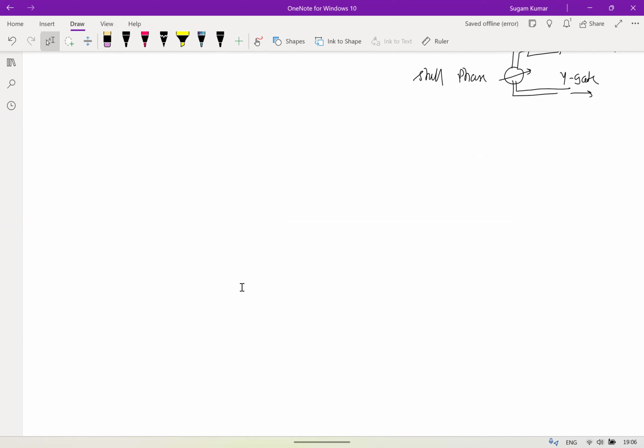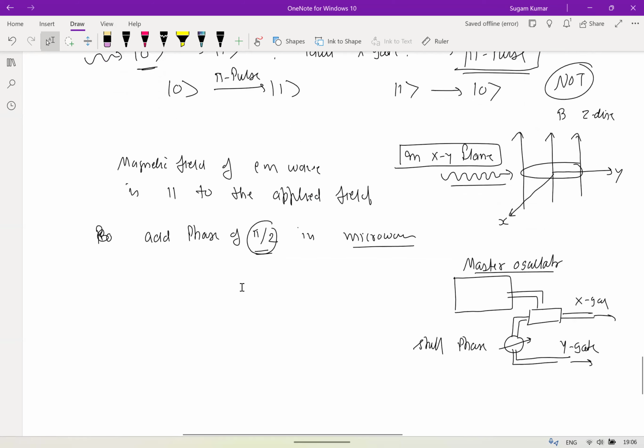Sir, can you please explain the master oscillator again? How does it work? See, you have only one clock, or I can say a master clock. It is something like there is one master, and let us say 2-3 people want to start their race on the ground.